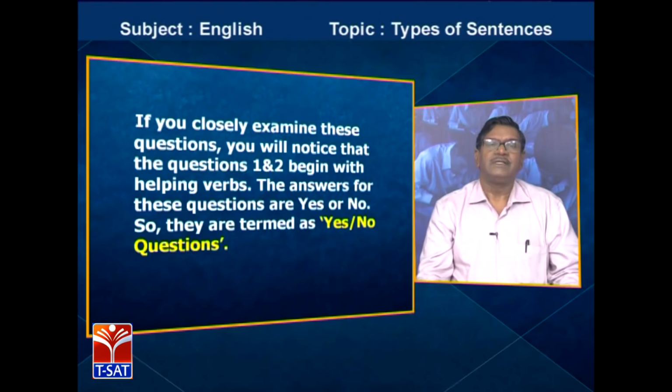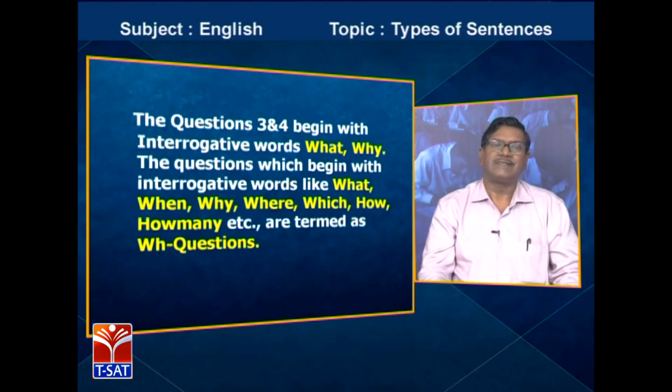These are the questions that start with helping verbs, and questions that start with question words. So, the first 2 are yes/no questions, the third and fourth are wh questions. So, interrogative sentences are of 2 subcategories. They are yes/no questions and wh questions.